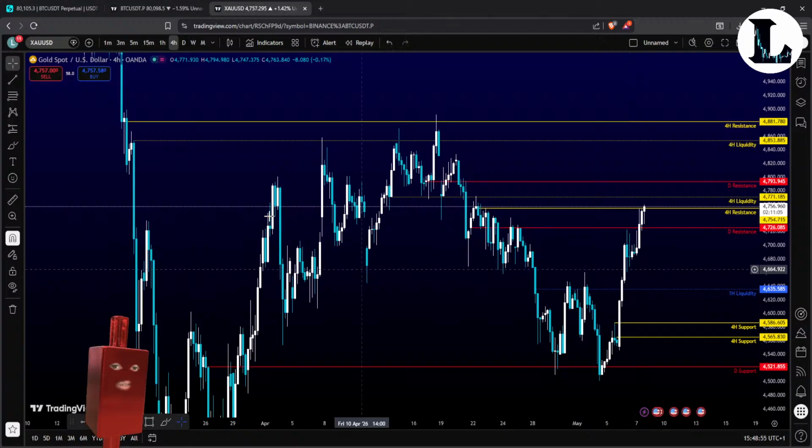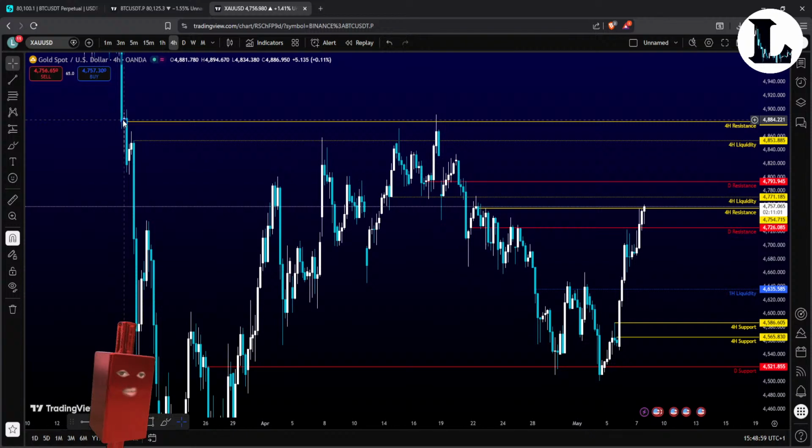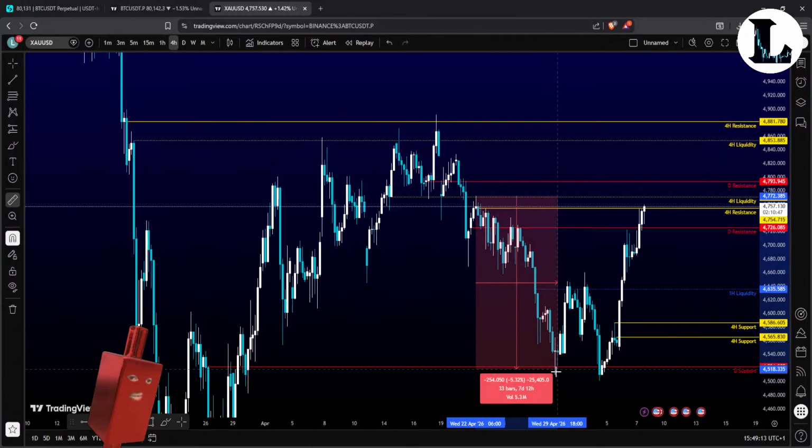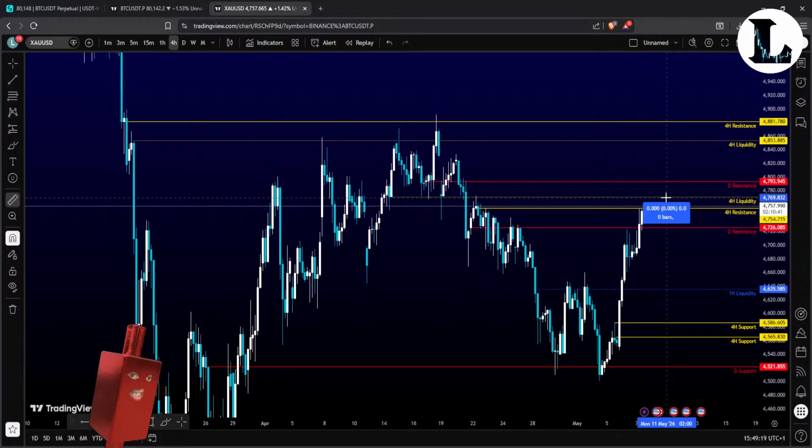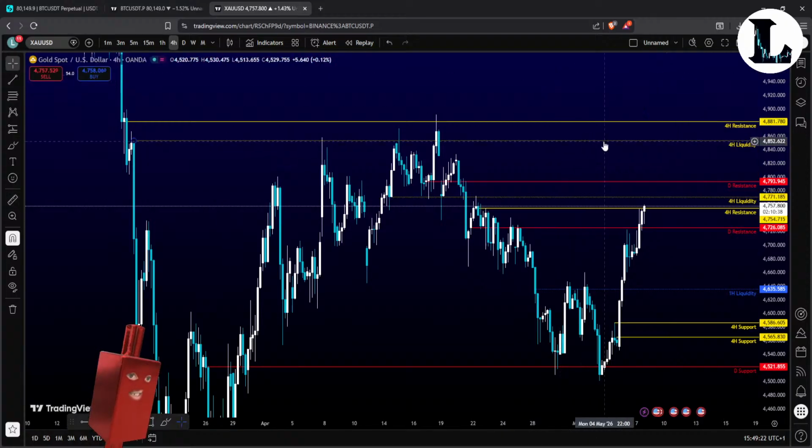That is a very strong 4 hour resistance, and that 4 hour liquidity is going to be probably better than this one because it was already back tested. Okay, so it back tests that liquidity and it has a continuation of the move down. Right now, if we break that, we might have a big continuation of the move up, but this liquidity here might bring the price down.